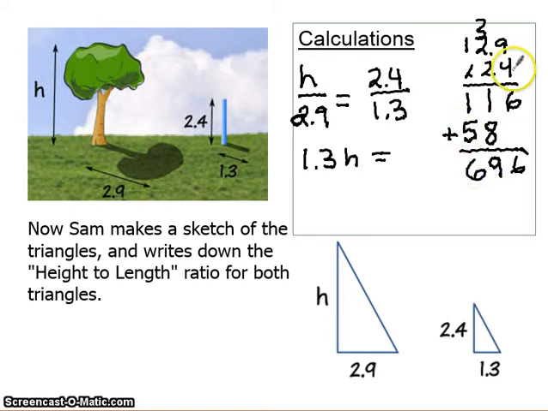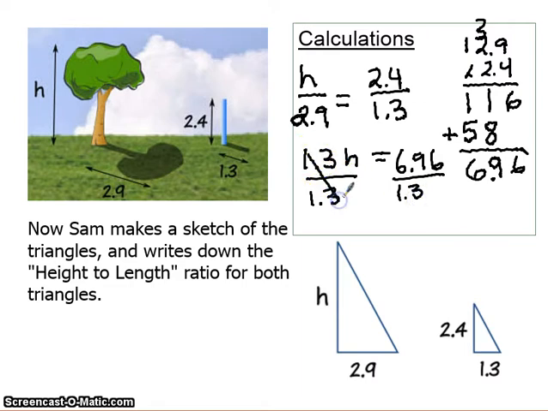And we have 2 decimal places. 6.96 is the result. Now we need to isolate the variable by using inverse operations.